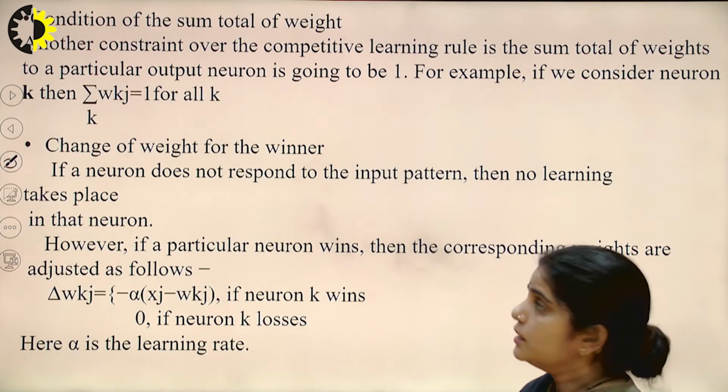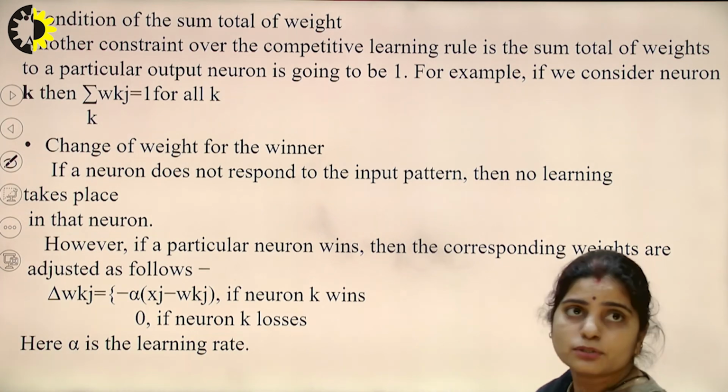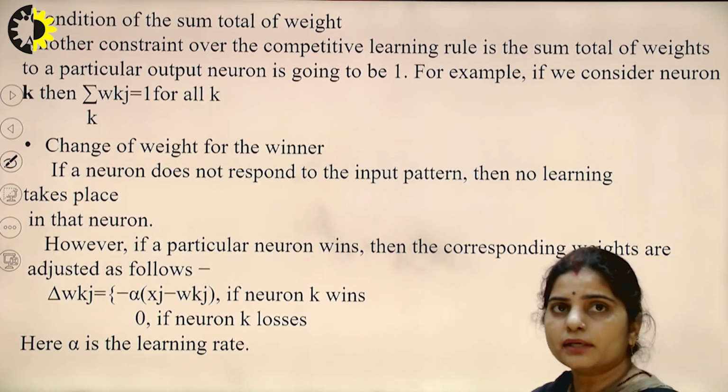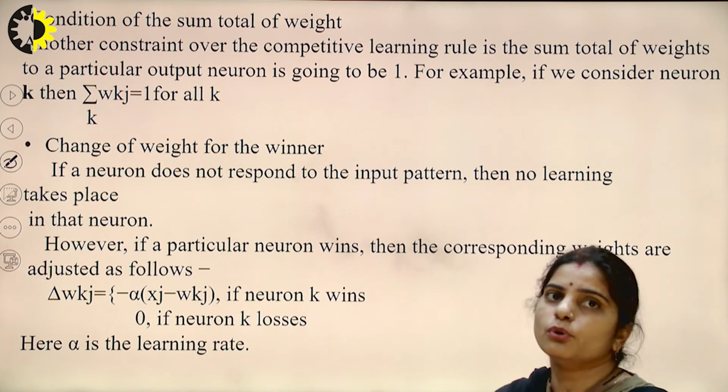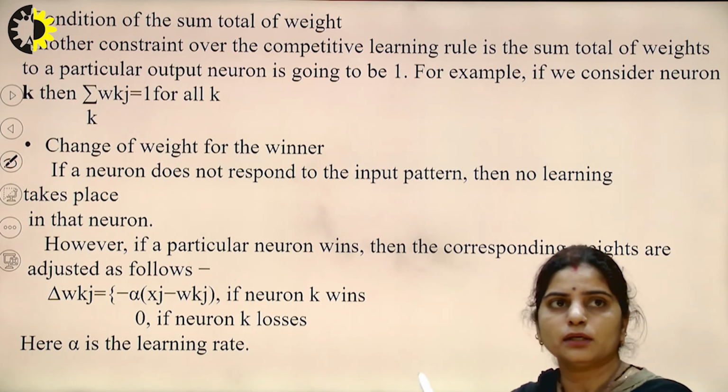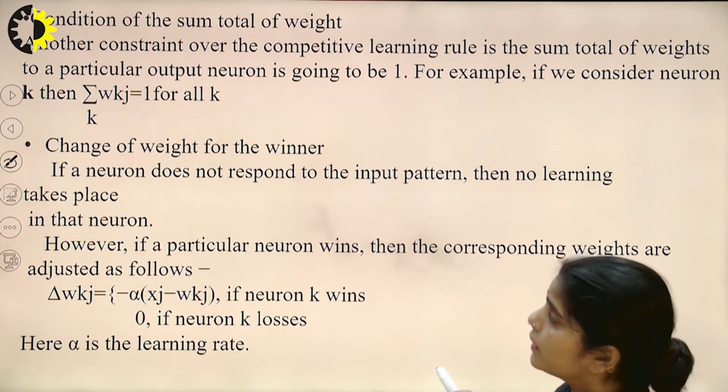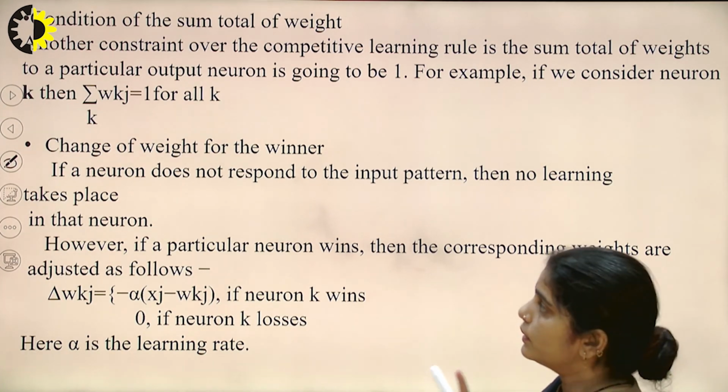Second is the condition of the sum total of weights. Another constraint over the competitive learning rule is that the sum total of the weights to a particular output neuron is going to be 1. If we consider the neuron k, then sigma over j of wkj is equal to 1 for all k.